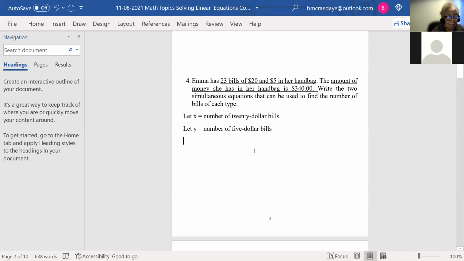But that's not what they ask you, Maureen. They say write the two simultaneous equations that can be used to find the number of bills.